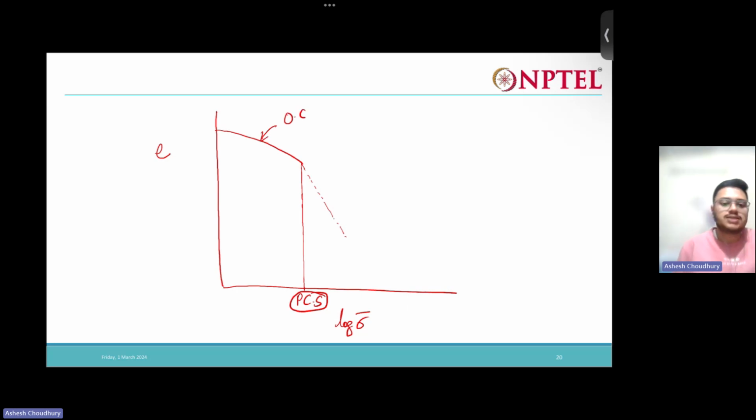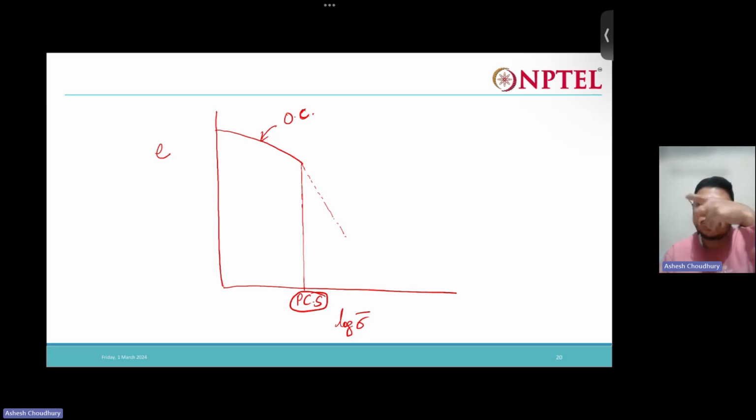Pre-consolidation means what? Say you first applied 100 kg of load and then reduced it to 50 kg, and again from 50 kg you applied 100 kg of load and then brought it to zero. Now you start the test again.